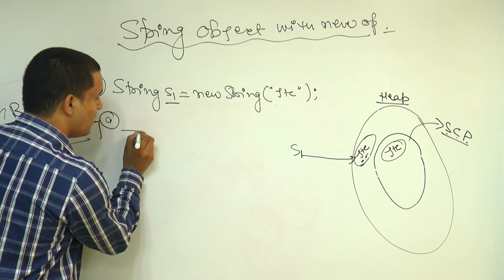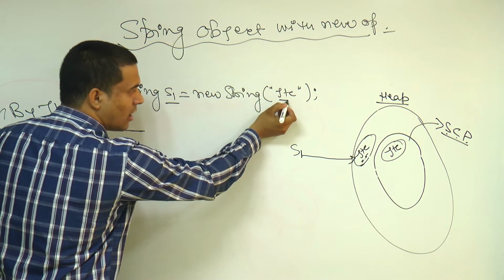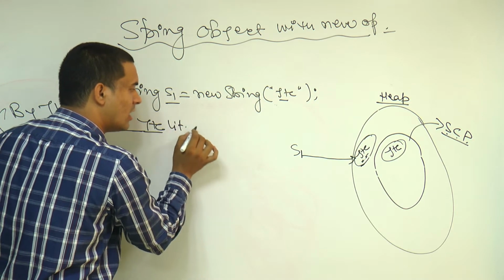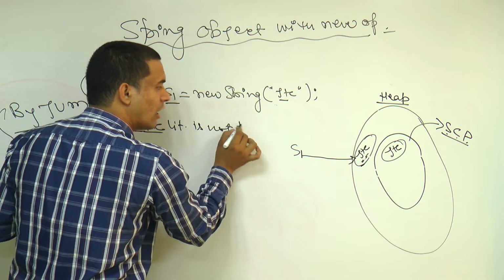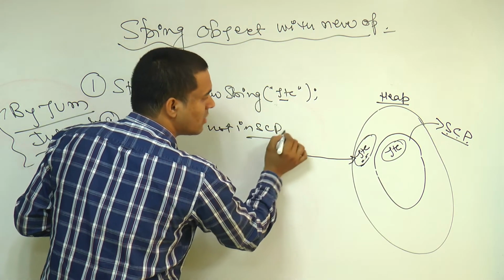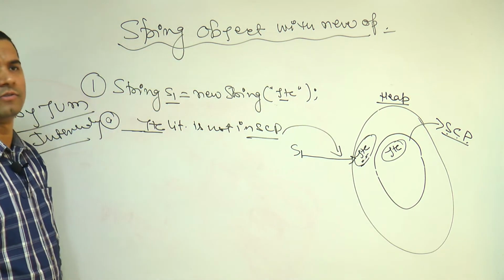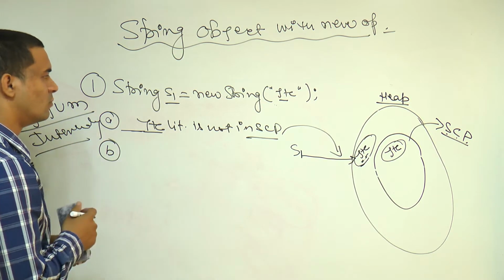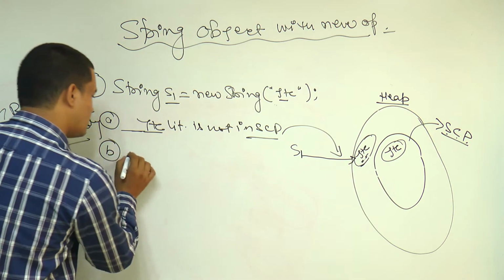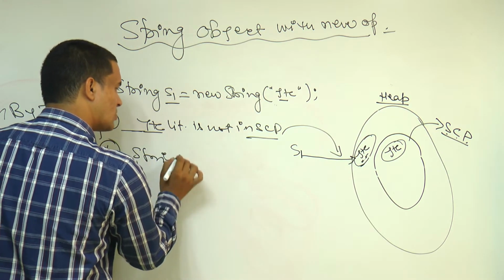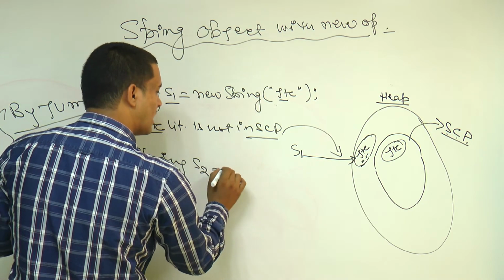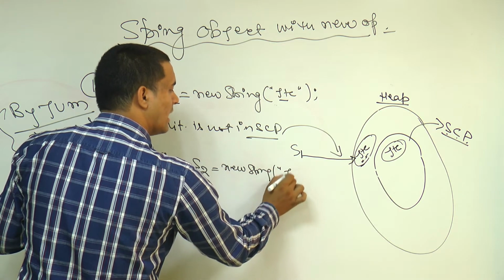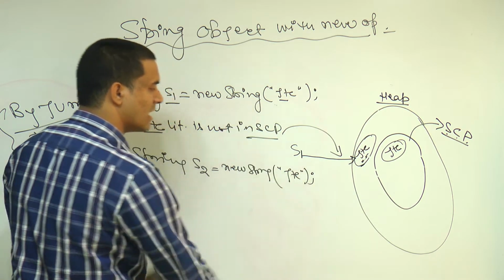Second point now. The first point we have seen: when the JTC string literal is not in the SCP, that first step happens. Done. Now let's assume that I am creating another object, S2, again with new String, and again I am writing the same JTC.